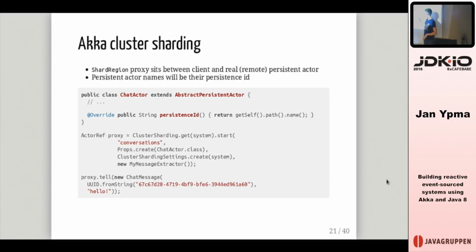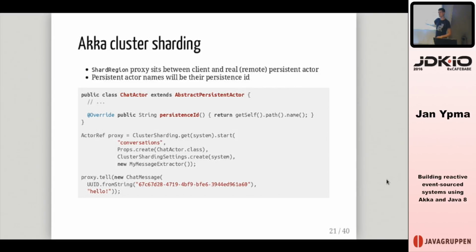You have to give it a few parameters, but most of these are stuff that you don't need to customize. The only thing you have to write yourself is this message extractor that we already talked about. And after that, instead of talking to a persistent actor directly, you just talk to the proxy, and the actor receiving the message can just use sender, and it will get whomever it was that was actually talking here. So the whole transparency thing still works. Your actor and your client don't see that this proxy was in between.